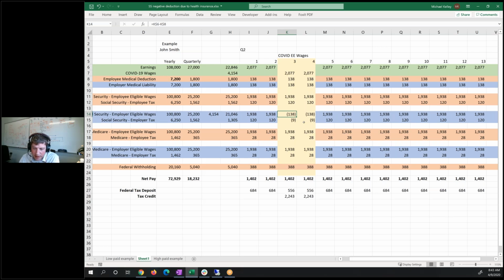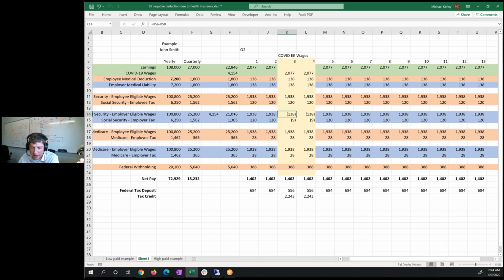Now this has gone negative by 138. Specifically, it's gone negative by the amount of the employee medical deduction because there are no subject wages. There are no wages subject to employer Social Security, and yet we must take the deduction of $7,200.